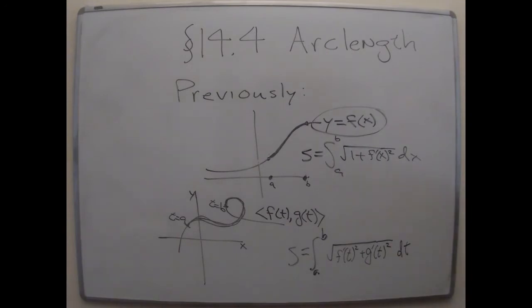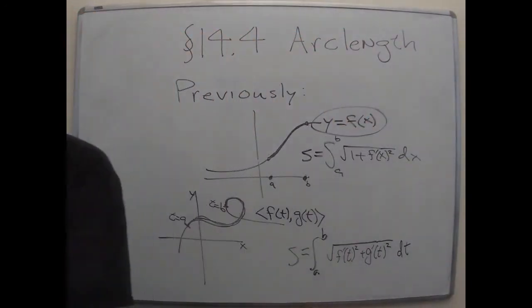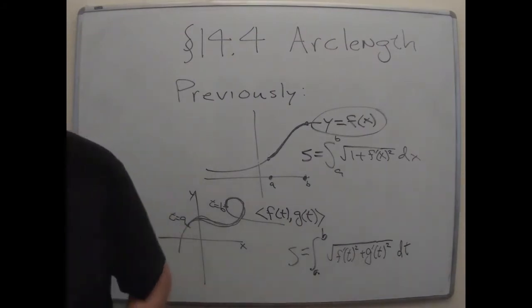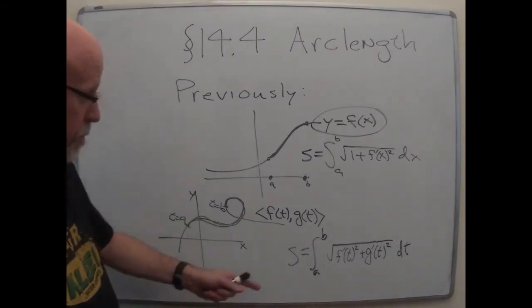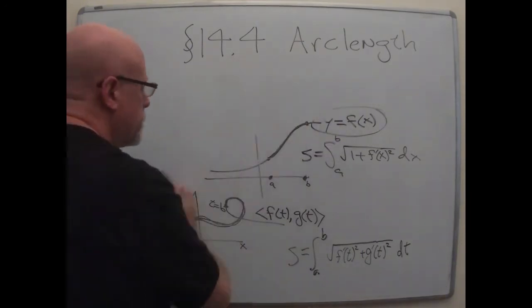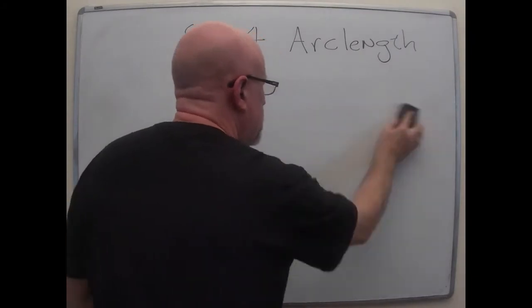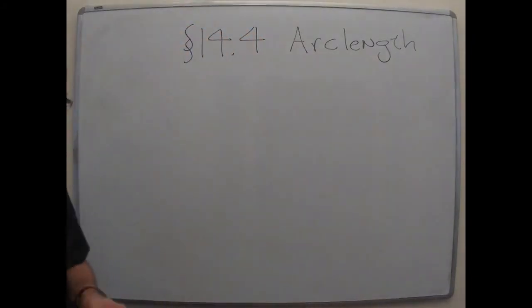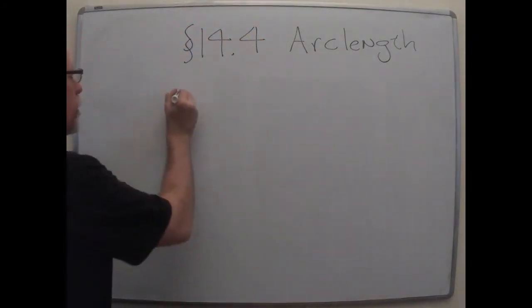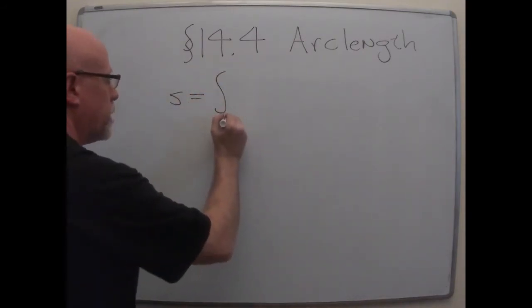So when we go to do this in 3 dimensions, that's the one we model. In 3D the integral is just going to have an x, y, and a z coordinate function. So the arc length S for a 3D curve just looks like this.